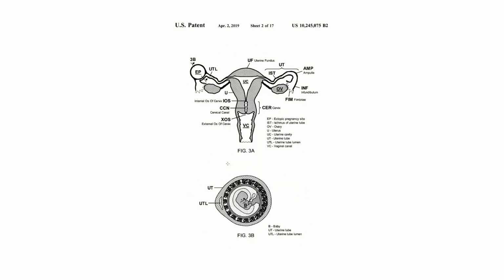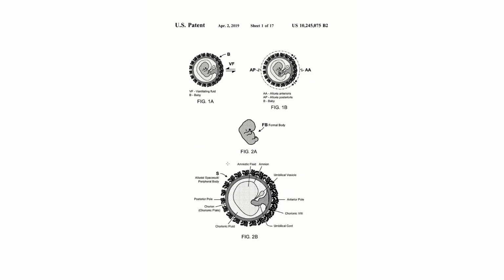So you're going to wash the baby, and then you're going to get ready to put the baby in an incubator. But before you do that, you have to know about the anatomy, because the ventilating fluid has to circulate the anterior pole as opposed to the posterior pole.